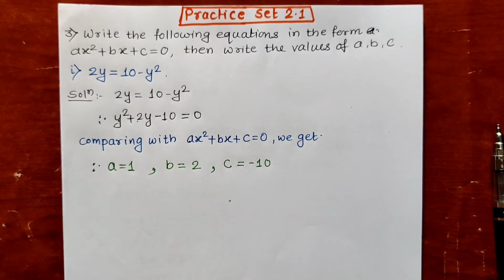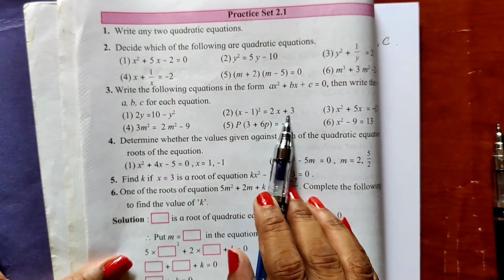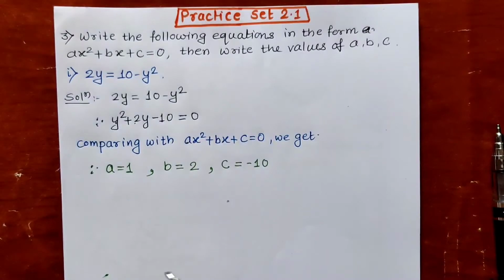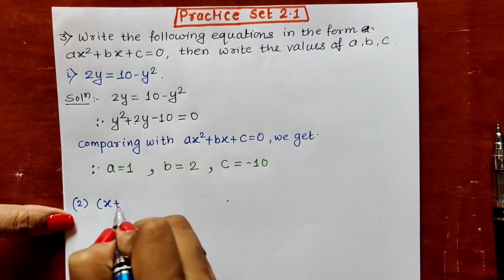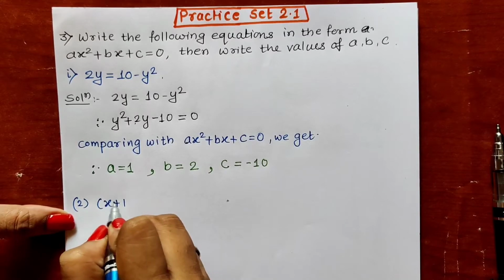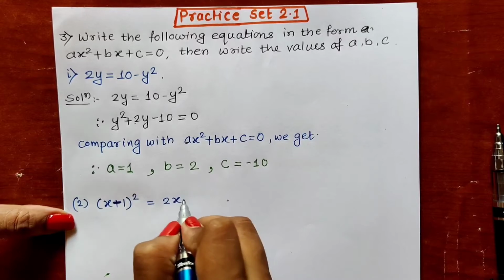Now let us see second sum. Second sum is x plus 1 whole square is equal to 2x plus 3. Sorry, not x plus 1, it is x minus 1 whole square is equal to 2x plus 3.